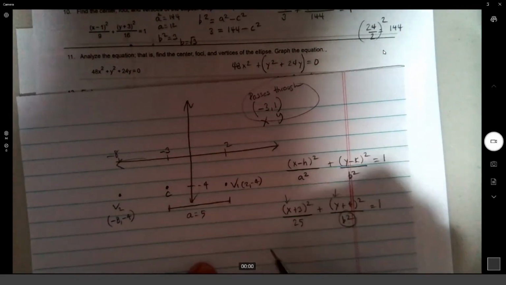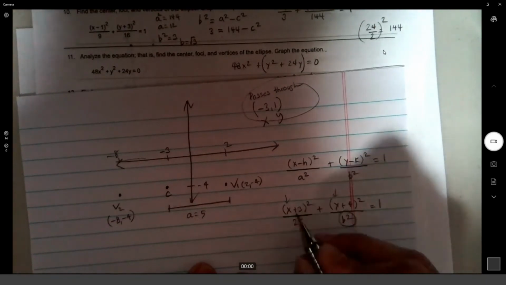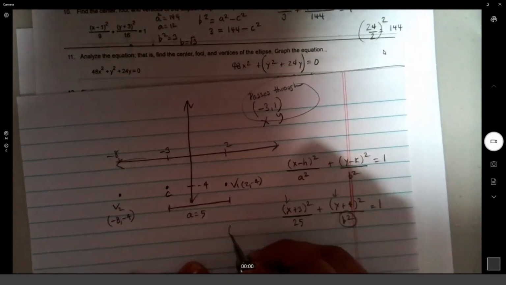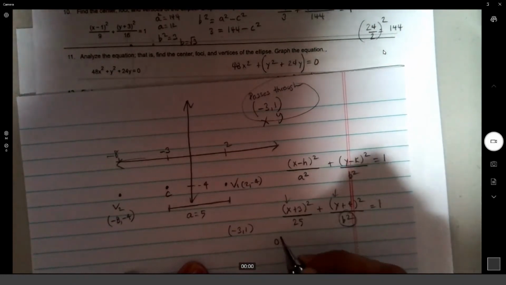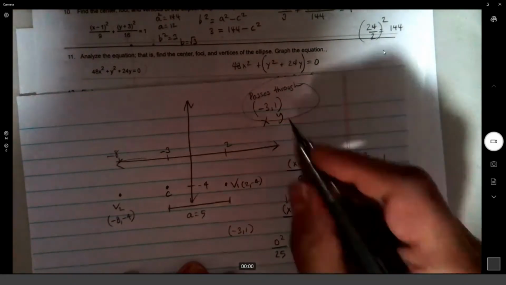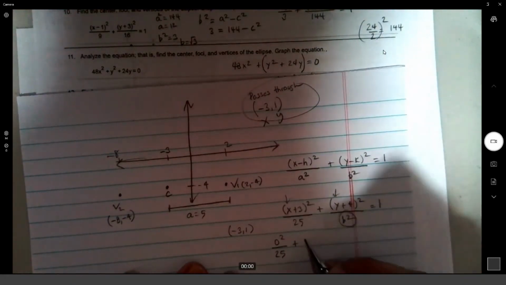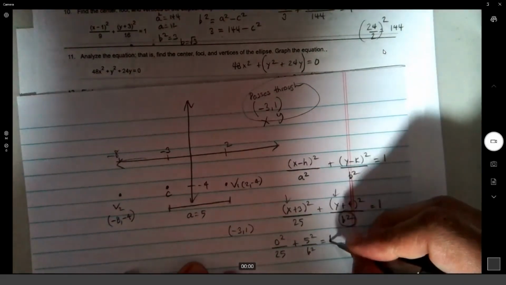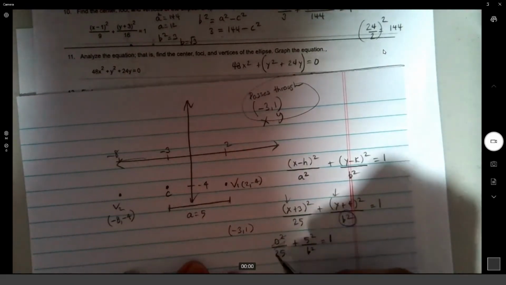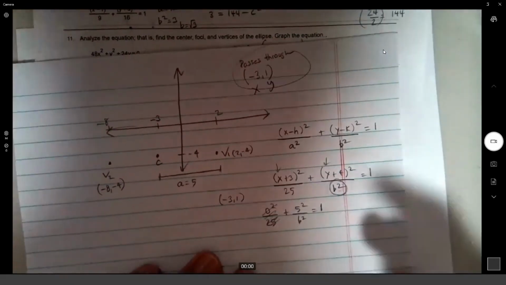So plugging in -3, 1, we get 0 squared over 25 plus 1 plus 4, so that's 5 squared over b squared is equal to 1. The first term goes away because it's 0.